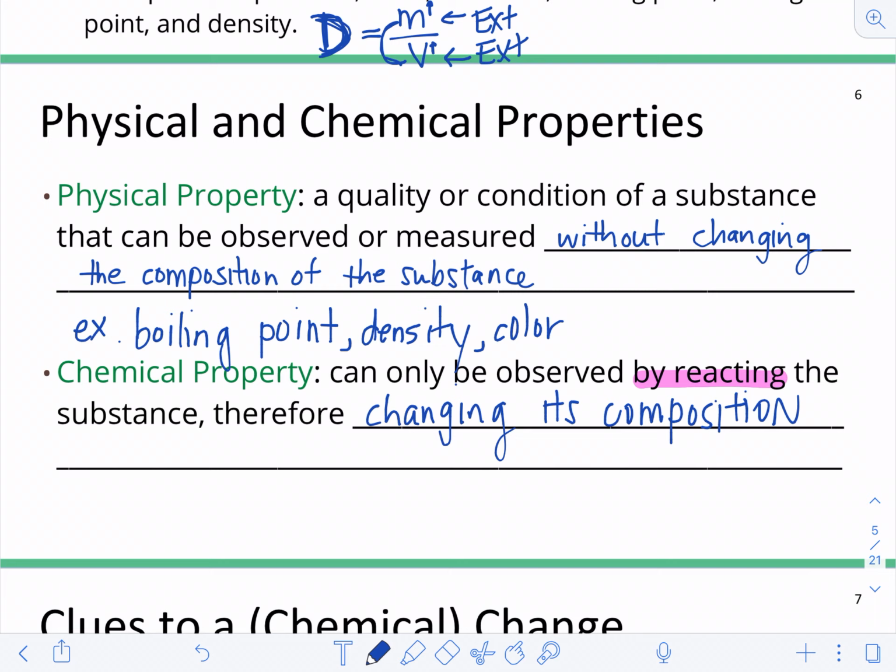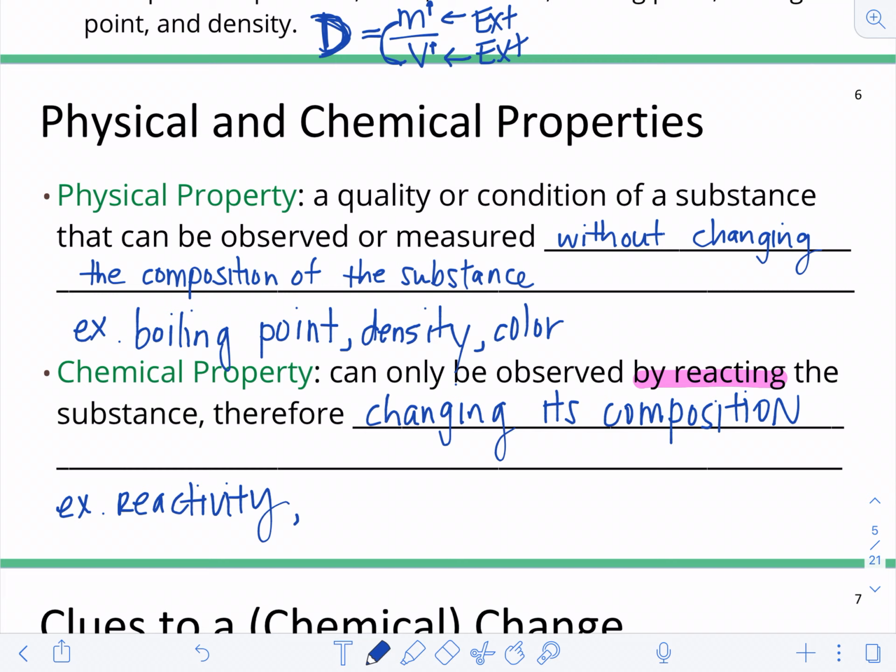All right, so let's think about ways that we can change the identity of a substance. We can change the identity of a substance by reacting it with something. So there is a term called reactivity. If a chemical or an element is highly reactive, that means it's going to be able to react with a lot of different substances. But remember, after it does that, it's not the same thing. That's the definition of the word reaction.